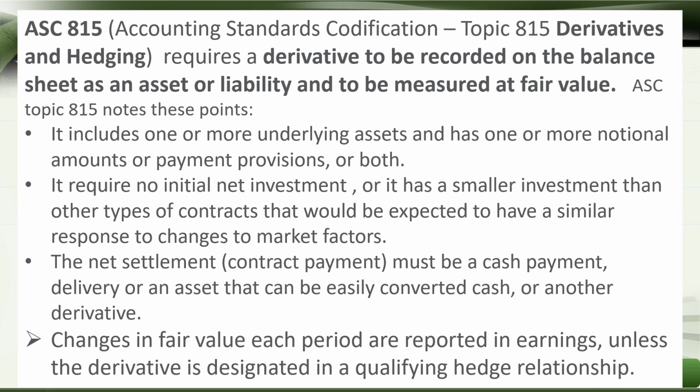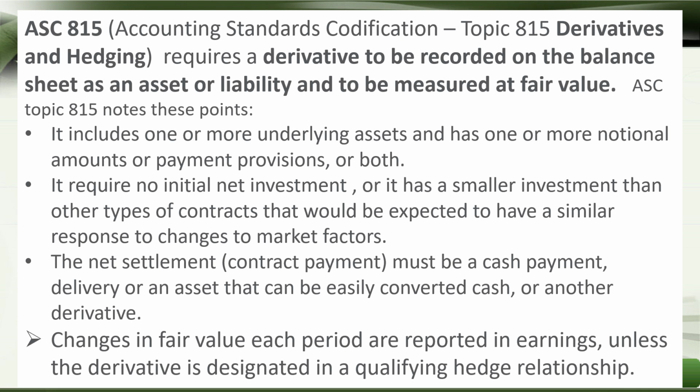The Accounting Standards Codification, Topic 815, notes the following points. It includes one or more underlying assets and has one or more notional amounts or payment provisions, or both. It requires no initial net investment, or a smaller investment than other types of contracts that would be expected to have a similar response to changes in market factors.